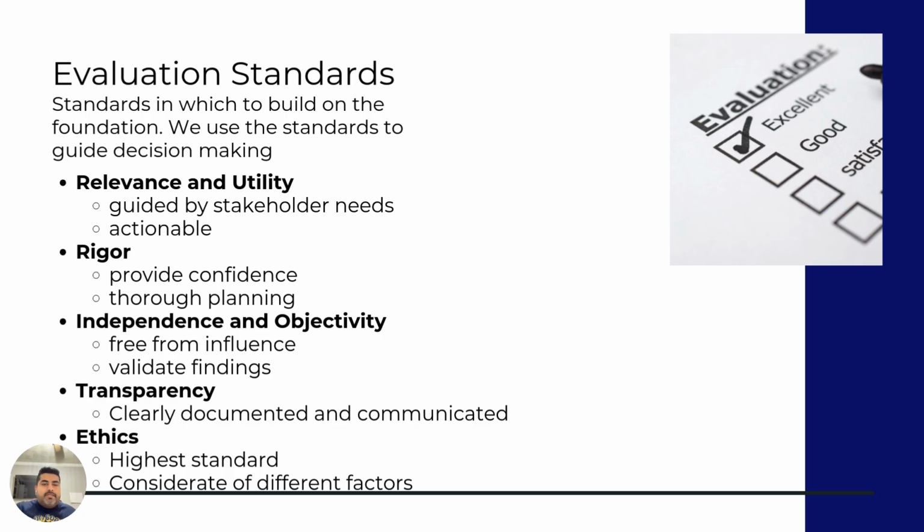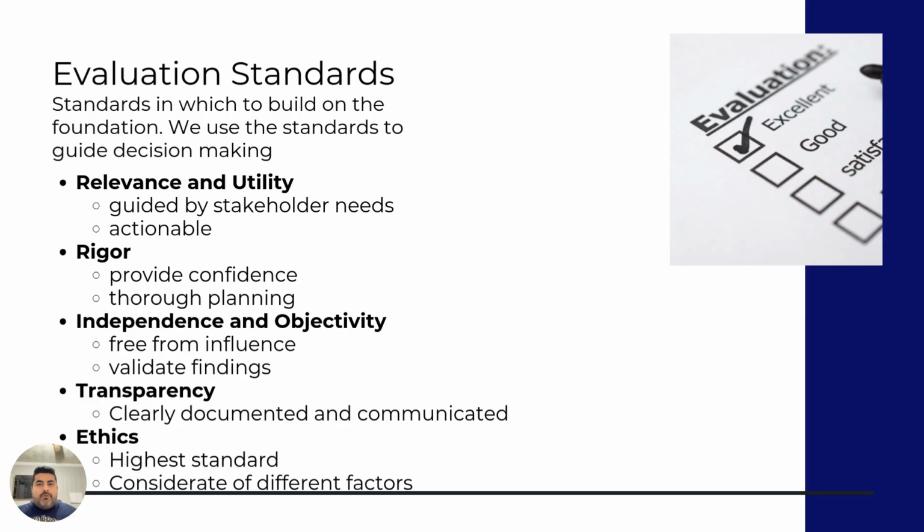It has to be relevant to them. They have to want to buy into it. So, hey, the program improvements have to be done based on what their current needs are. It also has to be actionable. Like, for example, you cannot just initiate a program or initiate an evaluation without having any uses for it.